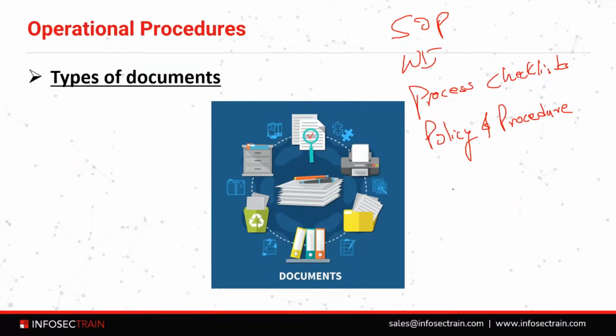Then we have process narratives: high level descriptions of how a process works. It includes goals, constraints, and dependencies. It is useful for training and stakeholder communication. So these are some of the documents that work together to create a repeatable, auditable, and scalable operational environment.